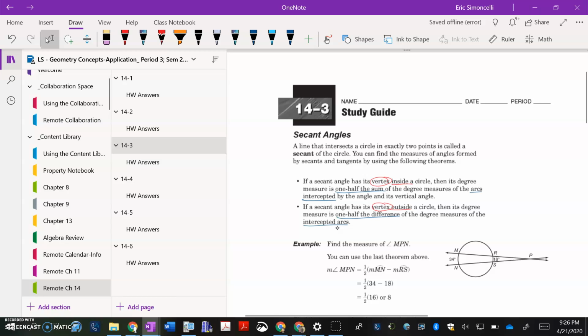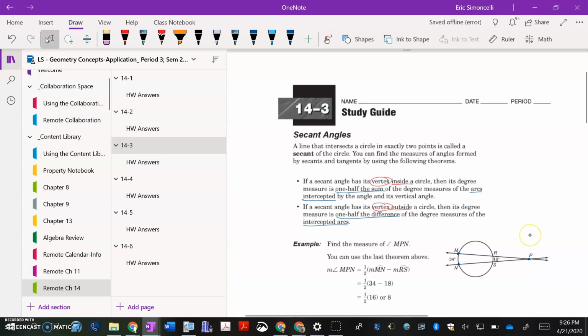Okay, so example, find the measure of angle MPN. So M, this point being on the circle, P outside the circle or exterior to it, and then N, of course, again on the circle.